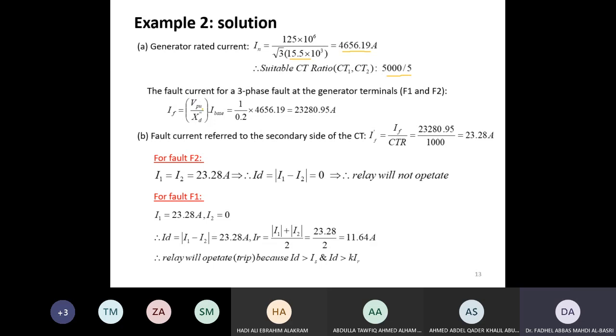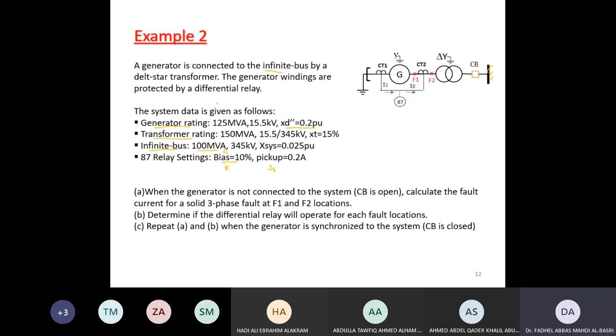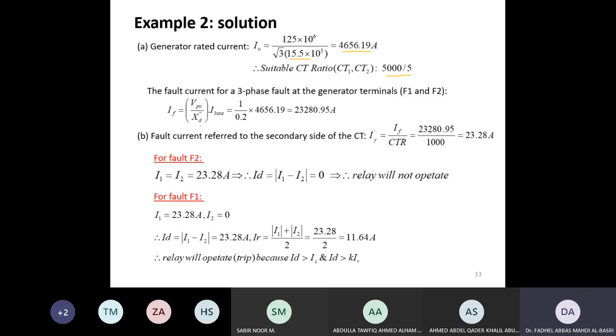Because the line-to-line voltage is 15 kV, I can do the same thing: 15 kV over √3 divided by the reactance in ohms gives the fault current, or you convert to per unit. If I use 15 kV as my base, this becomes 1 per unit divided by the per unit reactance, giving I fault in per unit.